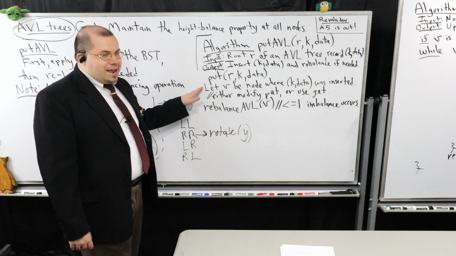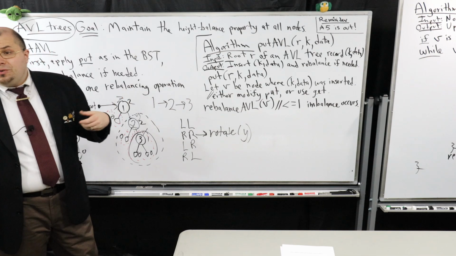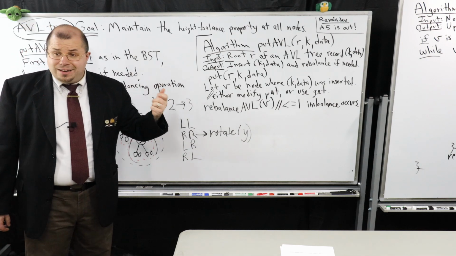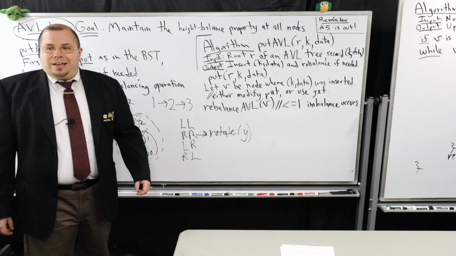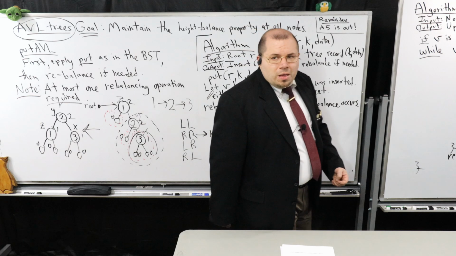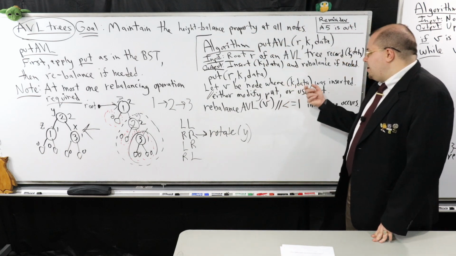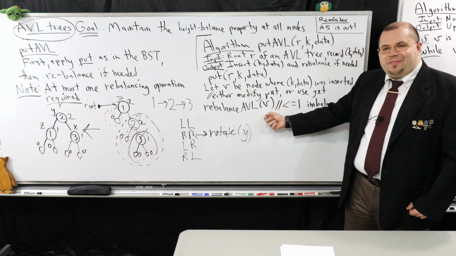You might ask, Dan, how do I get this node? You can either modify the put that I gave you, which tells you whether it failed or succeeded, or you could simply use the get operation. In the assignment, I believe you're using the get operation. There's one last piece here, which is rebalanceAVL.